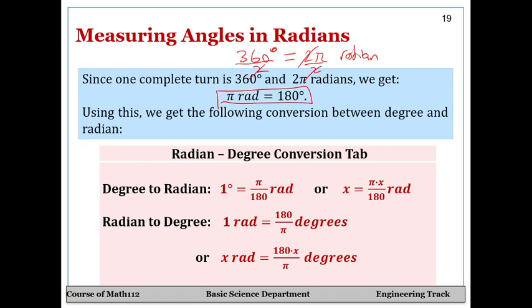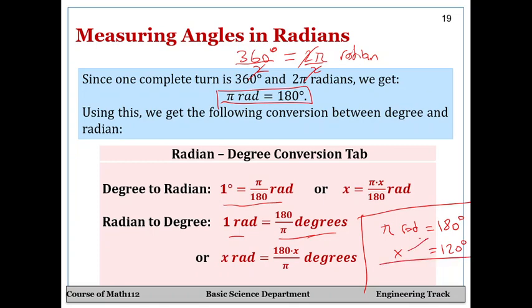So you can find these conversion formulas. 1 radian is equal to 180 over pi degrees, or x radians is equal to 180 x over pi degrees. This is what I do basically. I write pi radians is equal to 180 degrees. So if I want to find, for example, 120 degrees, I write here the x, then I multiply them. So I get x times 180 is equal to 120 times pi, and then divide by 180. Then we have this one.